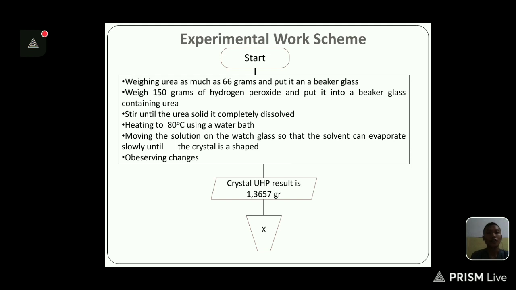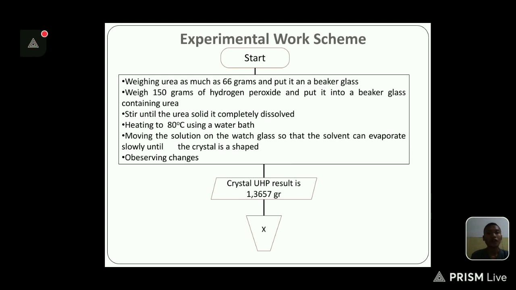Stir until the urea solid is completely dissolved. Heat to 80 degrees Celsius using a water bath. Move the solution onto a watch glass so that the solvent can evaporate slowly until the crystals form.